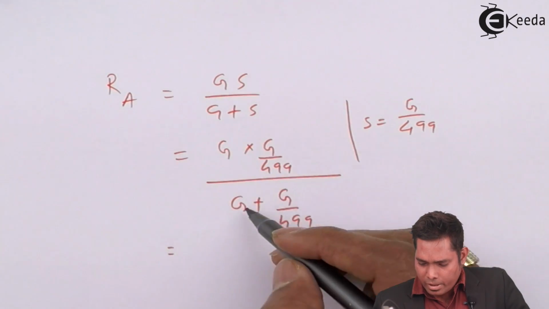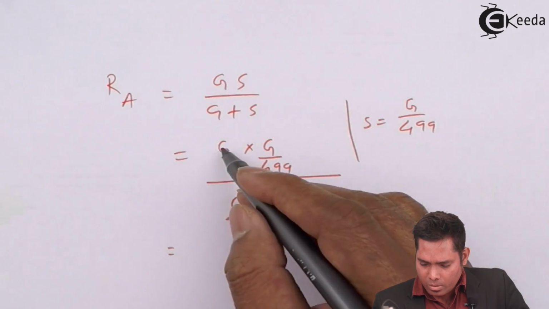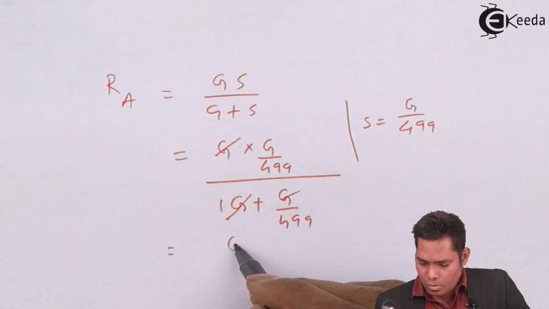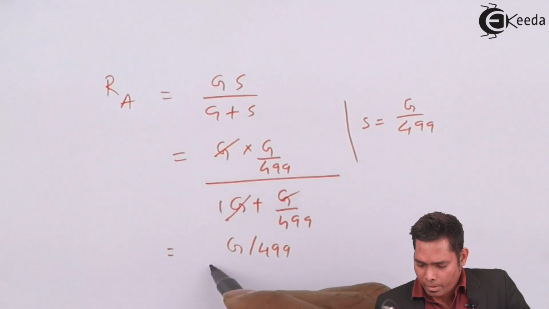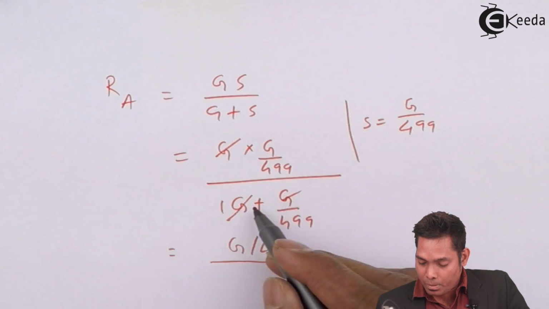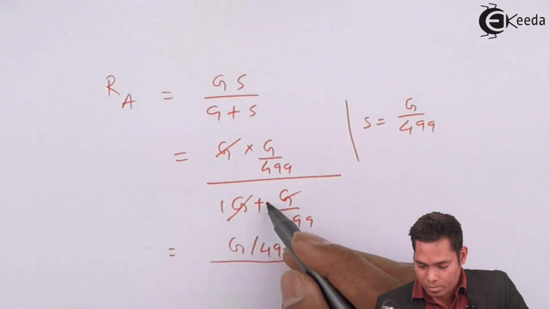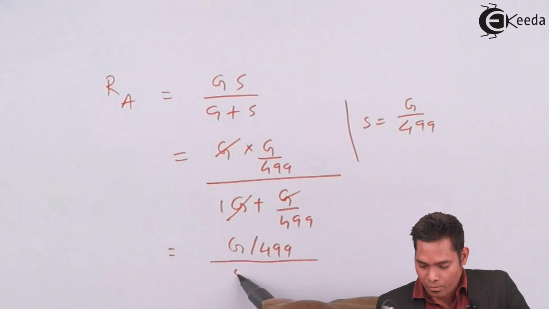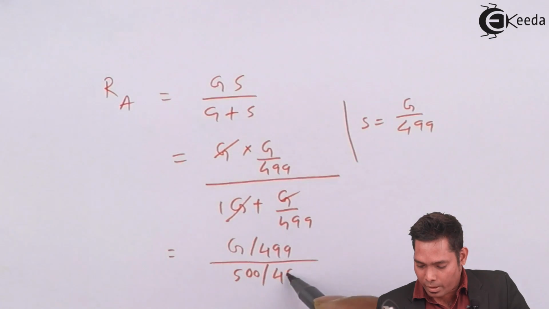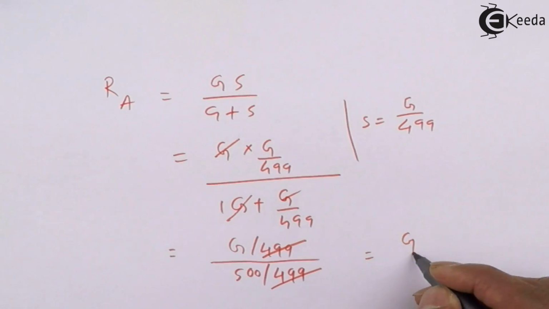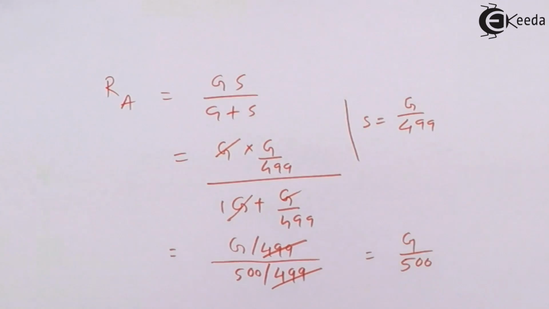In the numerator it is G squared, and in the denominator G is common. One G will cancel out, and what is left is G divided by 499 over 1 plus 1 by 499. That is, 1 plus 1 by 499 is 500 divided by 499. This 499 and that 499 will cancel, and you are left with G over 500.